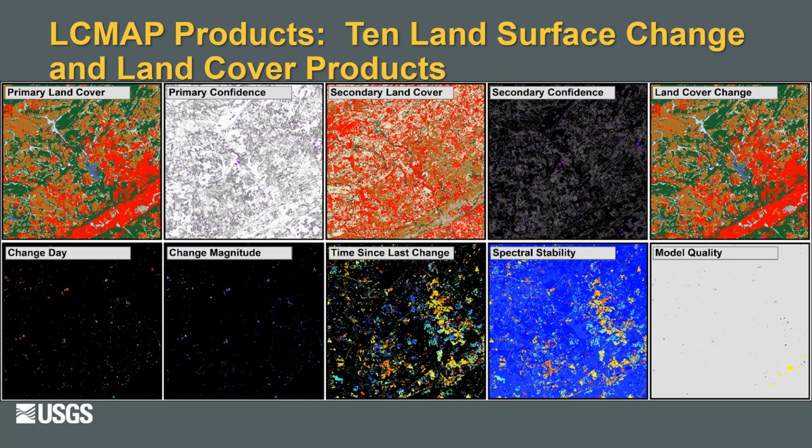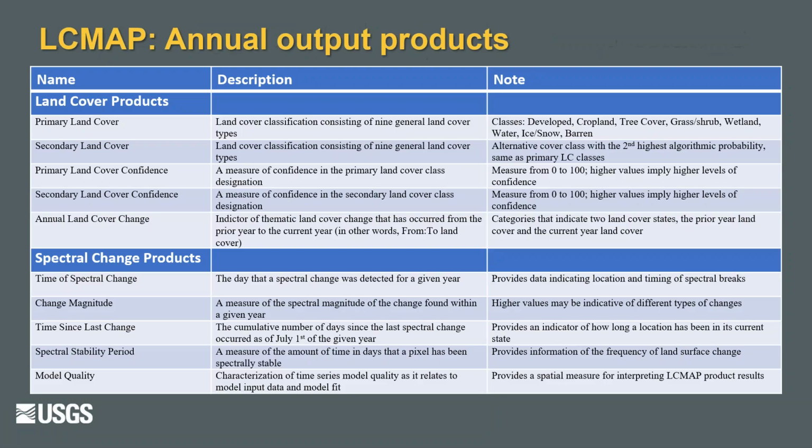So change is determined as being a location where an actual land cover change has occurred. And what we are discovering and what we know is that change across the landscape is more than just thematic land cover change. I gave you that table before. There are other changes occurring.